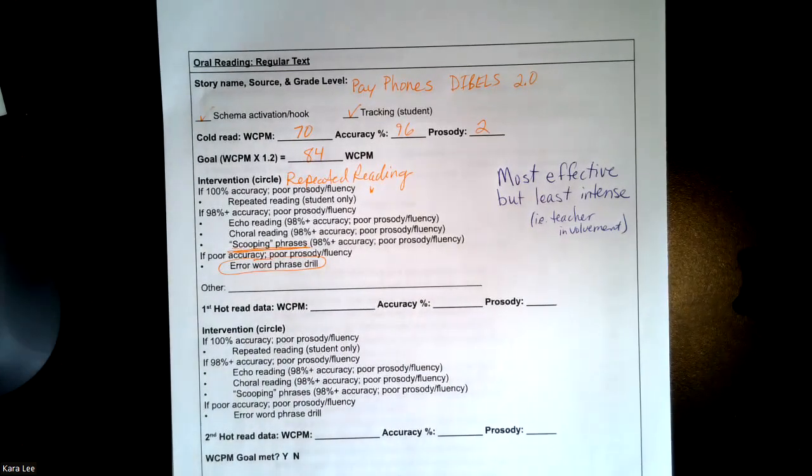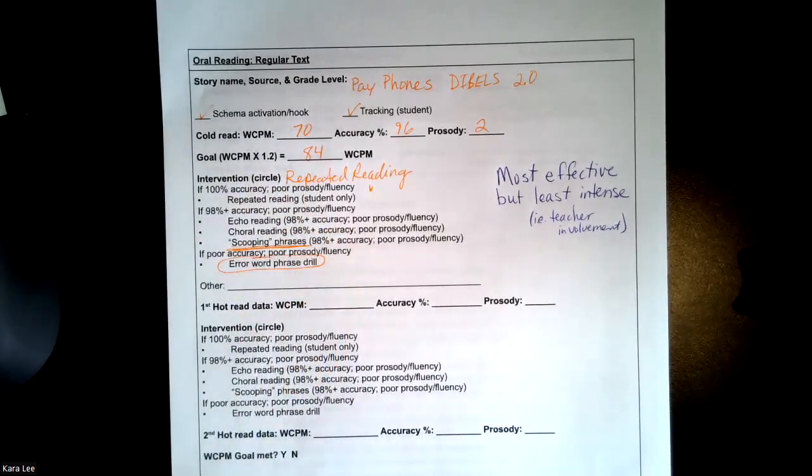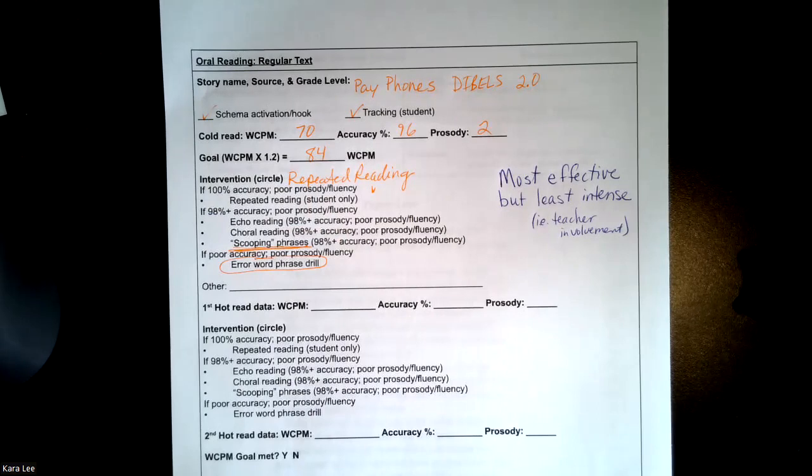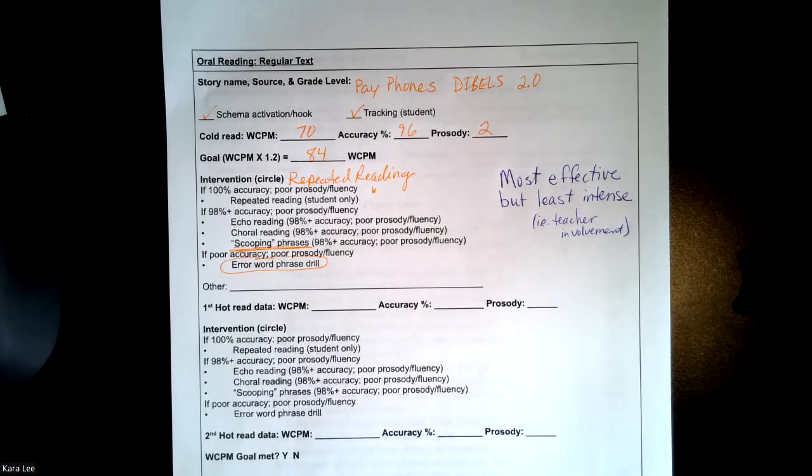So the last thing, are you going to let the student choose what intervention they want to do? The answer to that is no. You are the one deciding what intervention you do. Okay?